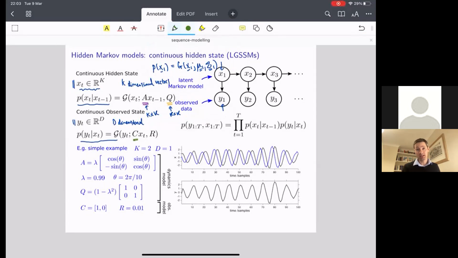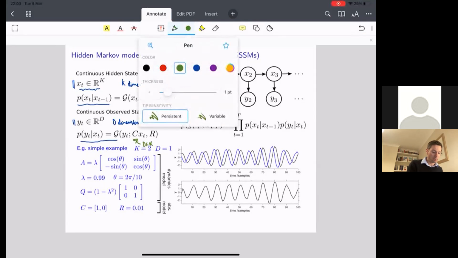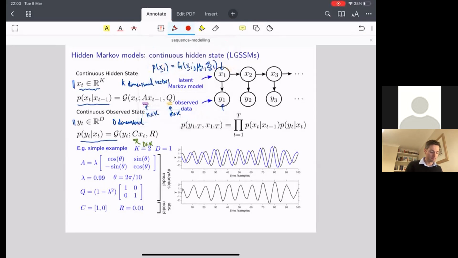You take matrix C and multiply it by the vector of latent variables. This matrix C is d by k dimensional, and you add some correlated Gaussian noise to that mean in order to generate Y, and the covariance of that noise is R. This is a d by d covariance matrix.